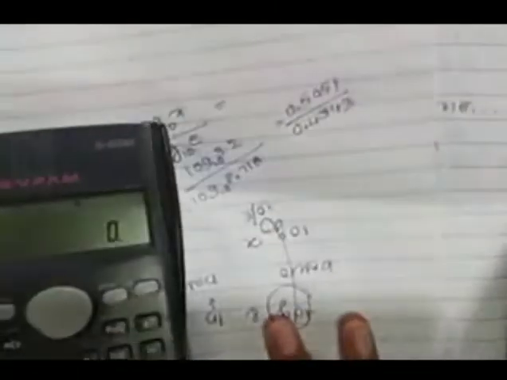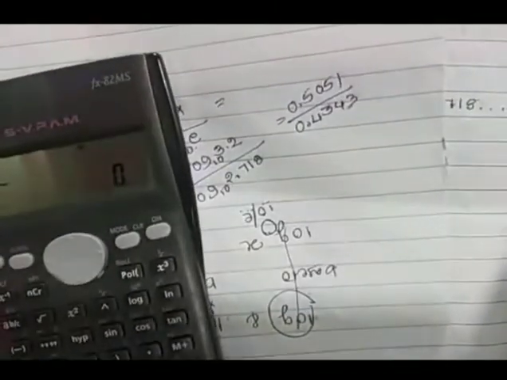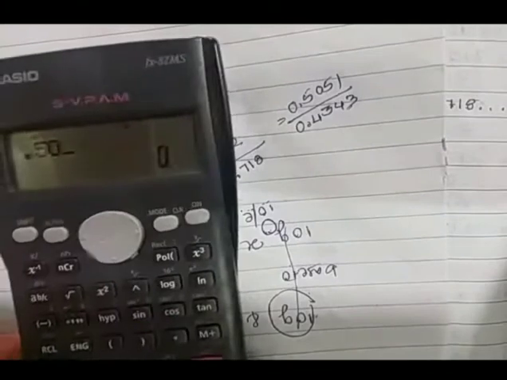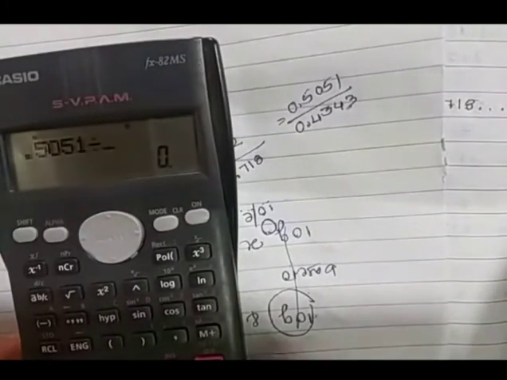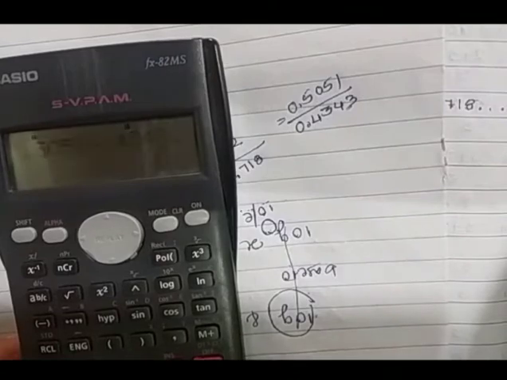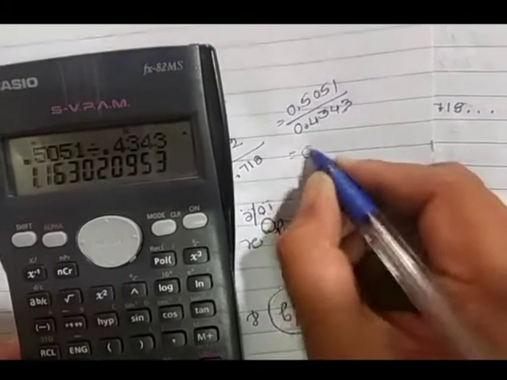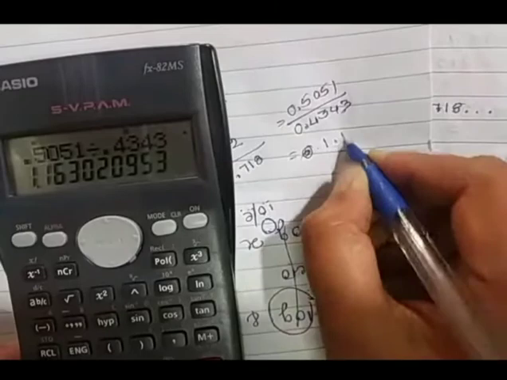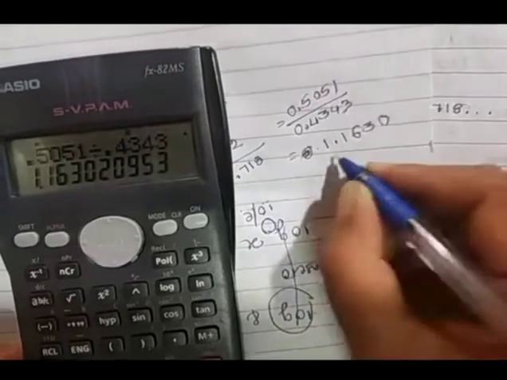So what we have got here, 0.5051 divided by 0.4343. So we'll get here 1.1630.